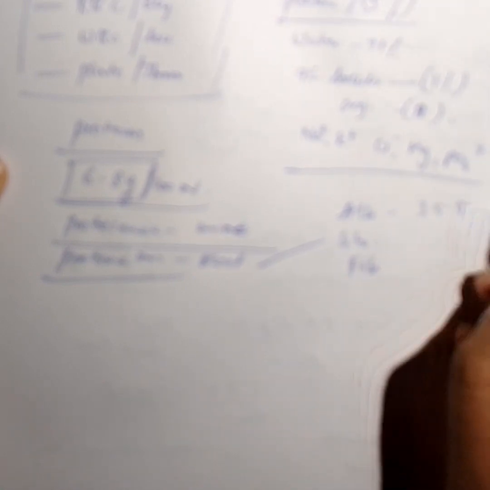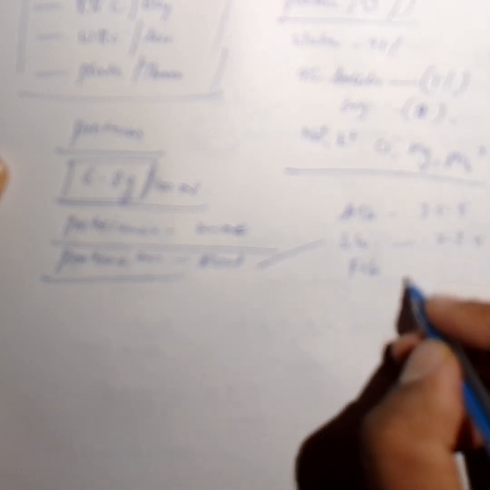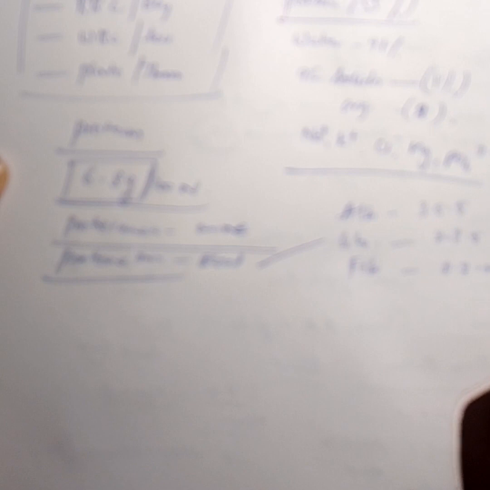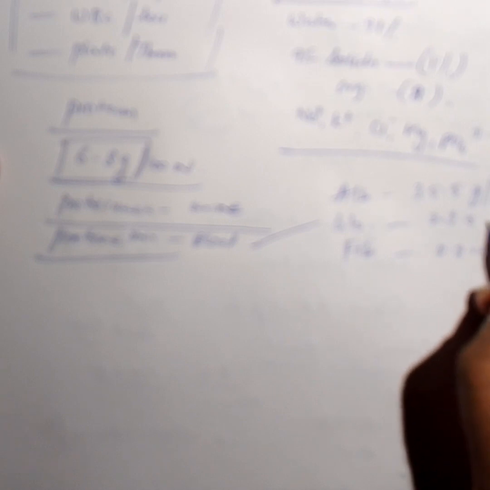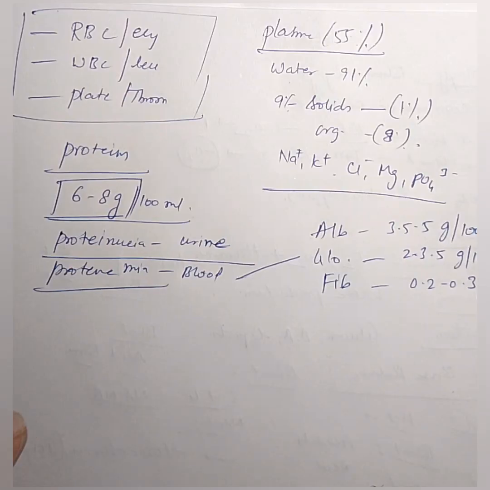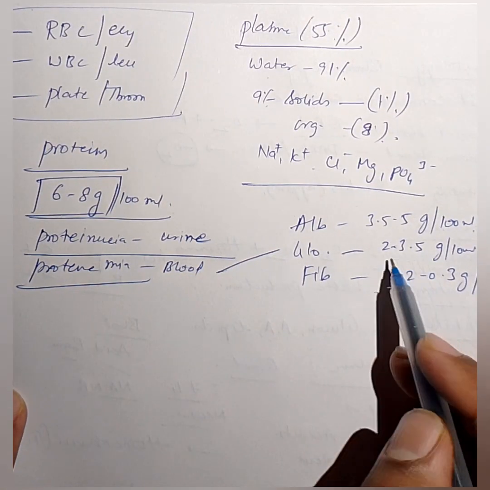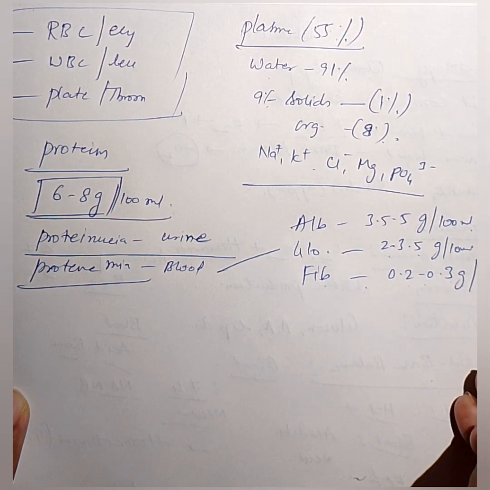Albumin is 3.5 to 5 grams per 100 ml, globulin is 2.2 to 3.5 grams per 100 ml, and fibrinogen is 0.2 to 0.3 grams per 100 ml. Remember once again, albumin is 3.5 to 5 grams per 100 ml, globulin is 2.2 to 3.5 grams per 100 ml, and fibrinogen is 0.2 to 0.3 grams per 100 ml.